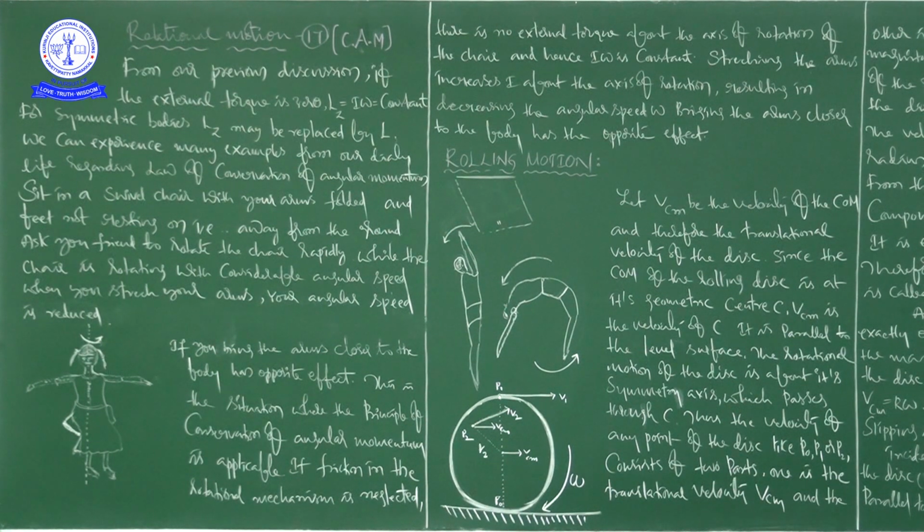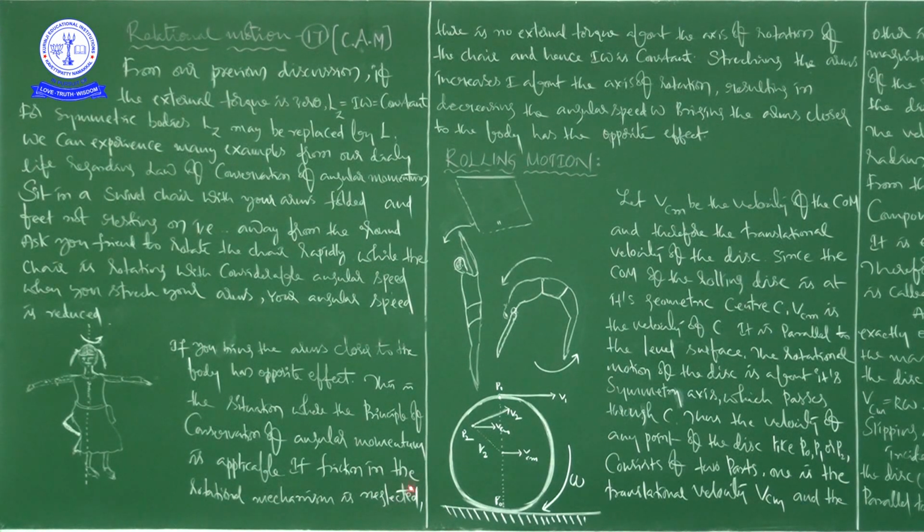Opposite effect, right? This is the situation where the principle of conservation of angular momentum is applicable. See here: if friction in the rotational mechanism is neglected, there is no external torque about the axis of rotation of the chair, and hence I omega is constant.